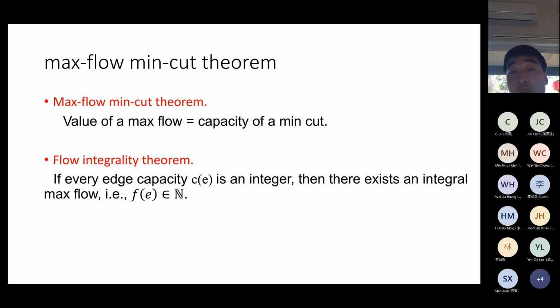And moreover, there's a flow integrality theorem saying that if every edge capacity CE is an integer, then there exists an integer maximum flow, in the sense that each FE is an integer. So these are the standard classical results.